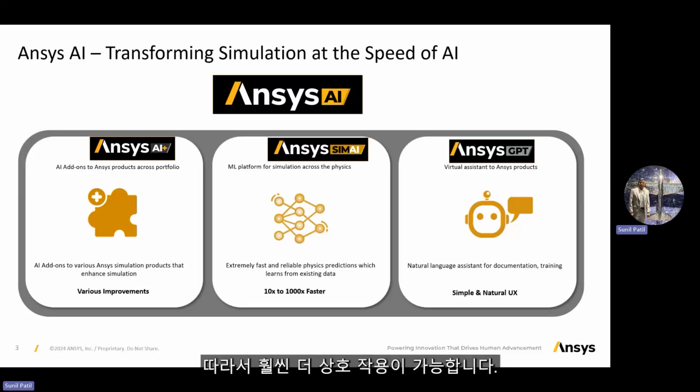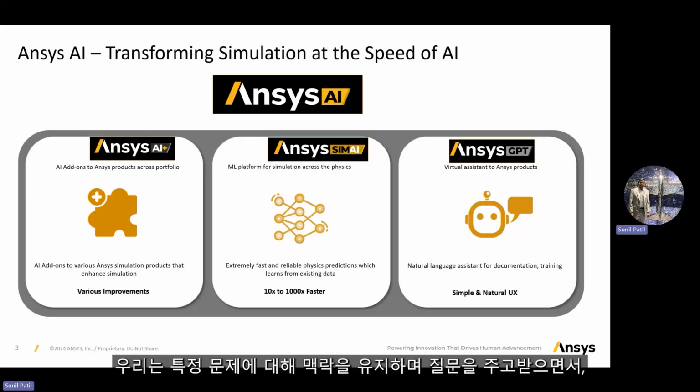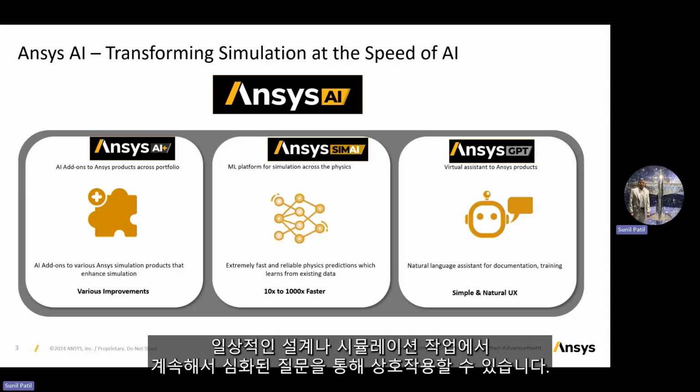So it's much more interactive. You can interactively ask questions and keep on building on your questions in context of a specific problem you're dealing with in your day-to-day design and simulation practice.